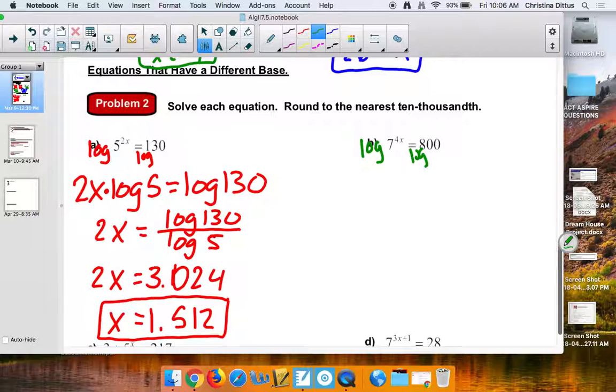Again, I have an exponent. What do I do with it? Bring it down. So it becomes 4x log of 7 equals log of 800.